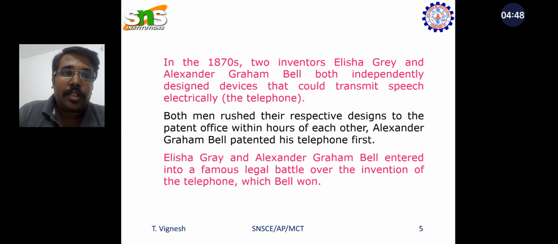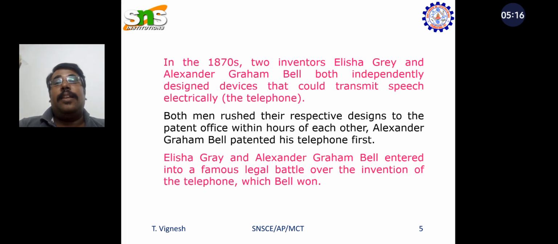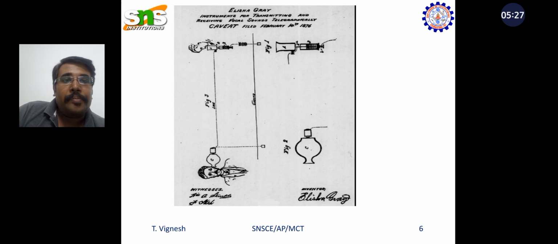Both men rushed their respective designs to the patent office within hours of each other, and because Alexander Graham Bell reached first, the design patent went to that great man. If Elisha Gray had gone first, the telephone patent would have been given to Elisha Gray. So irrespective of how good the design is, whoever registers first holds the patent rights.